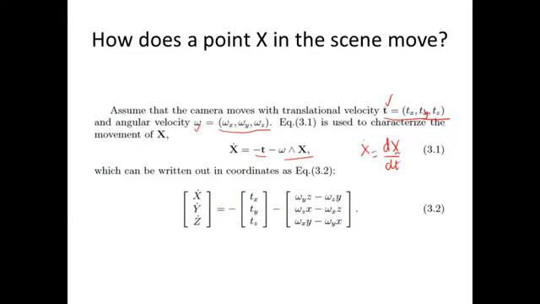Okay, so once we have this vector equation, 3.1 in this notation, I can write it out in coordinates. And this is just working out this vector product term, and if you do that, you should get this expression. So this is quite straightforward. And now we have expressed the movement of a point in the scene in terms of how the x coordinate changes, how the y coordinate changes, and how the z coordinate changes, using the information about the translational vector.